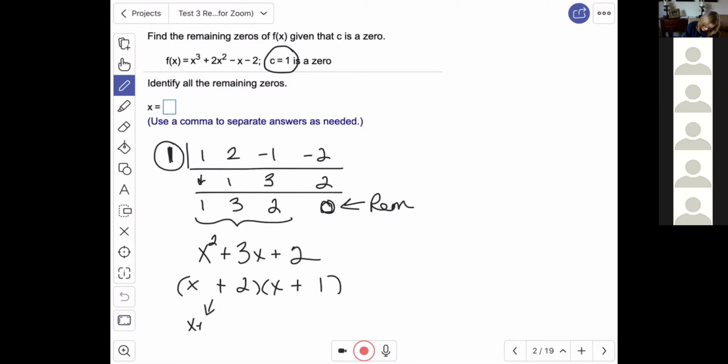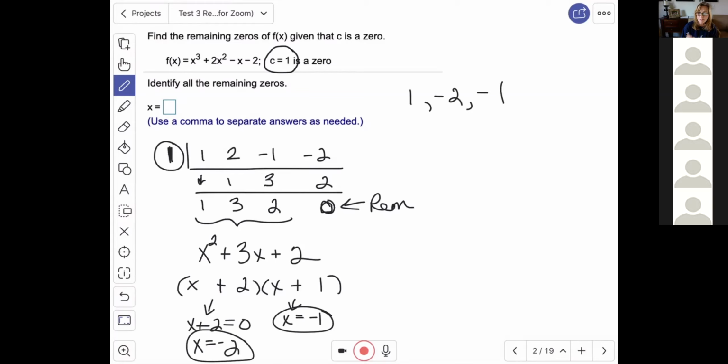All right, so your zeros. You can look at it and tell, but remember, you set it equal to 0 and solve. You get x equals -2, and same thing for this one, you get x equals -1. So your answer, the remaining zeros, are -2 and -1. If you happen to list all of them, including 1, those are the 3 zeros, right?